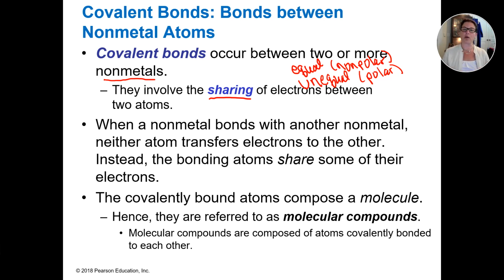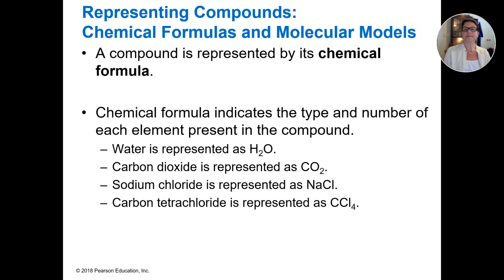One thing is going to be stronger than the other, so they're still going to share electrons, but the stronger one is going to be holding them much closer to itself. Okay. When we have covalently bound atoms that compose a molecule, we get molecular compounds. That's what we call it.